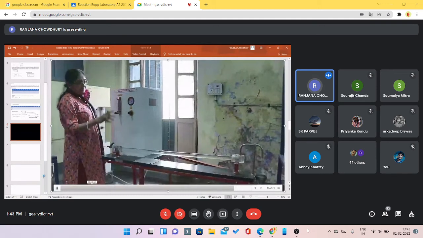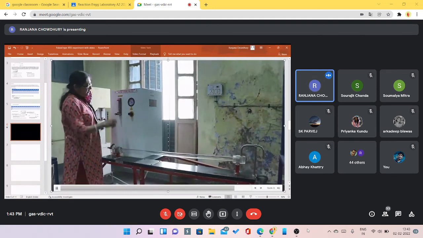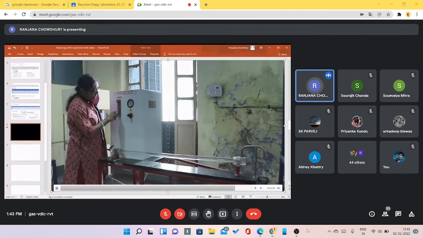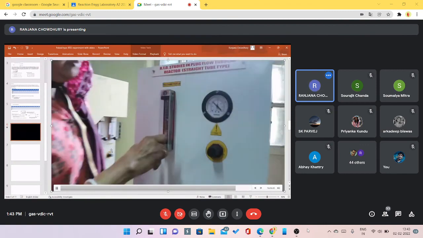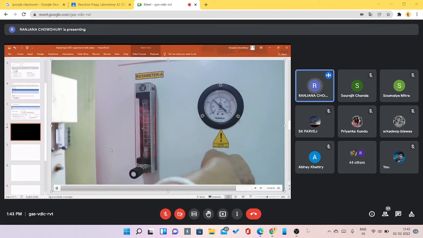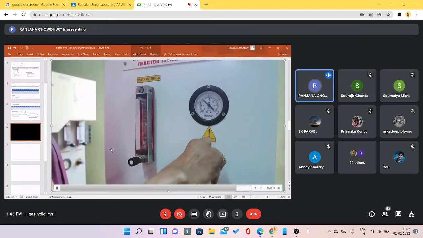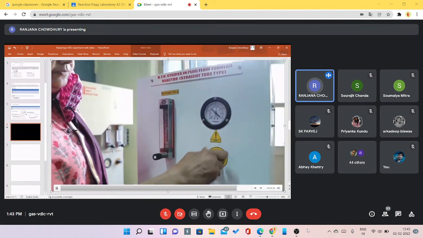After the experiment is over, please set your rotameter to the null position, that is the zero position, and depressurize the system. So you release the pressure from here.